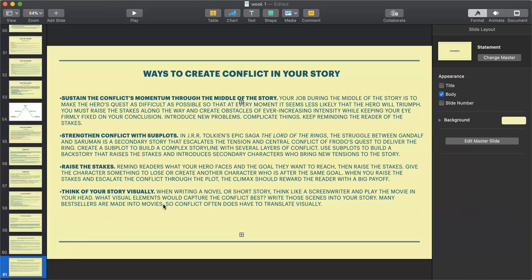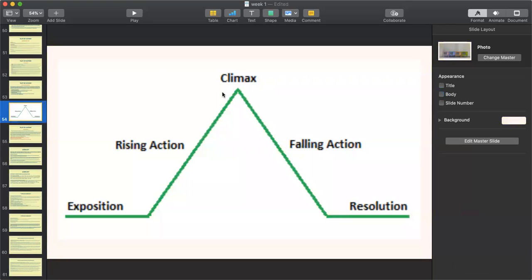Your job during the middle of the story is to make the hero's quest so difficult that every moment it seems less likely the hero will triumph. Okay, so in the middle, it has to be the most interesting part till the climax, right? From the exposition, from the introduction, if this part, the rising action, this part is interesting, the middle part is interesting till the climax, your story will be excellent.